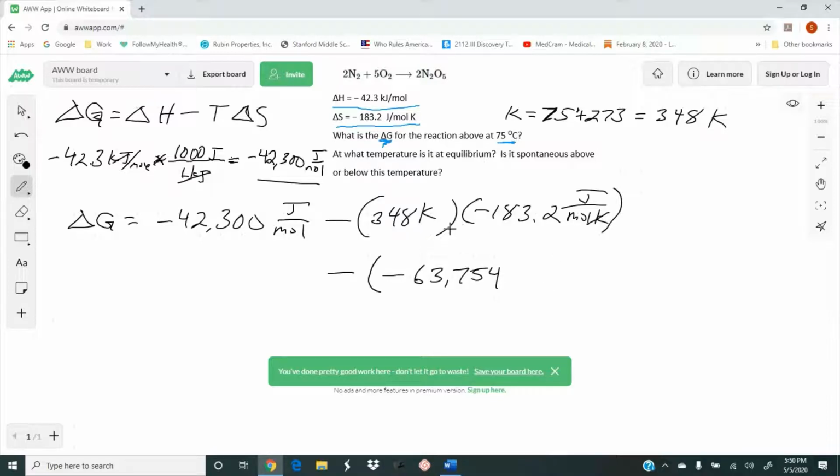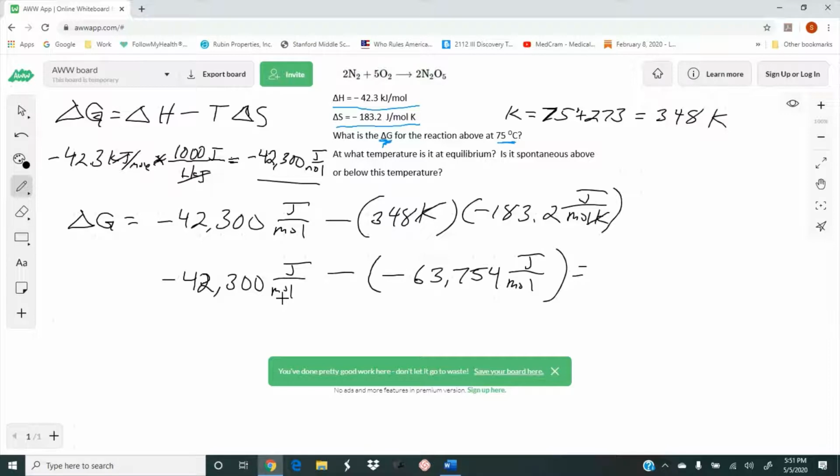Notice that the Kelvins cancel here and leave you joules per mole, which are the same units as your delta H. I did nothing with the delta H, negative 42,300 joules per mole. As you can see, these two have the same units, so I can subtract them from each other. So now I have negative 42,300 minus a negative 63,754.